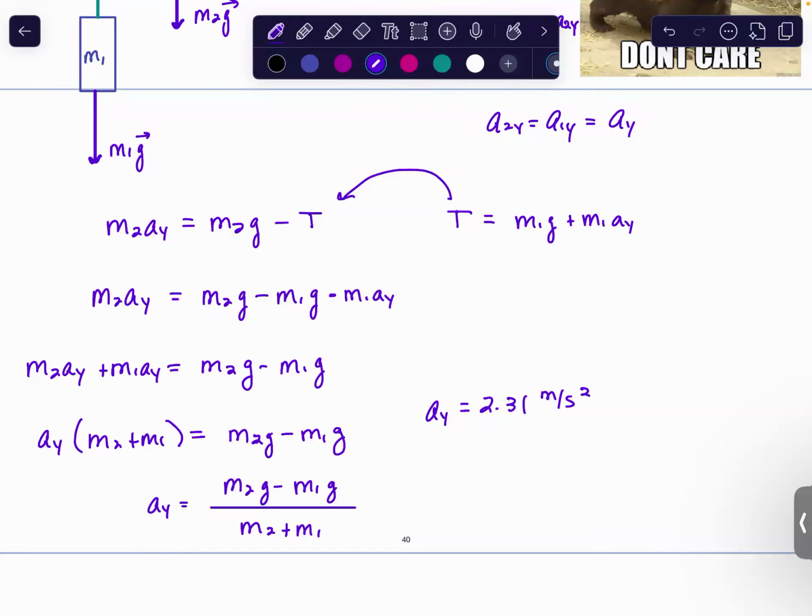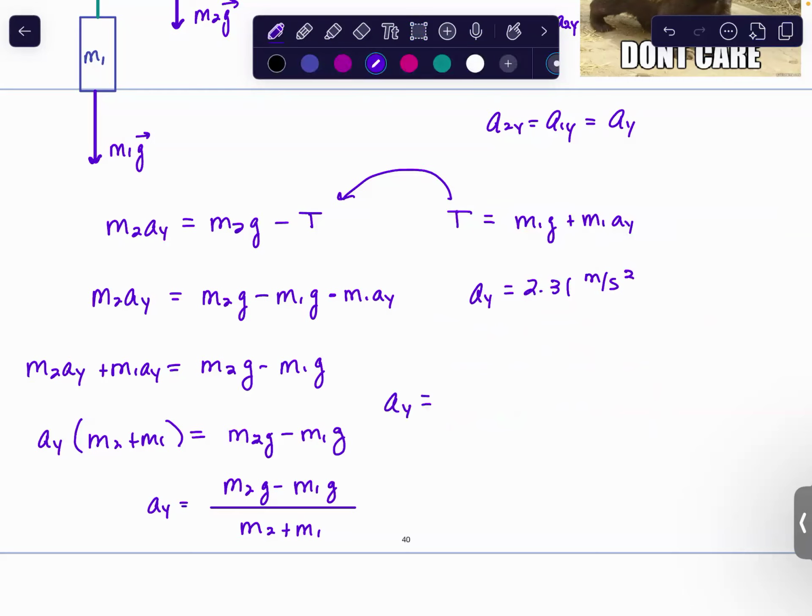Can you put the numbers in the equation so we can see how you do it? AY, that's going to be 42 kilograms.